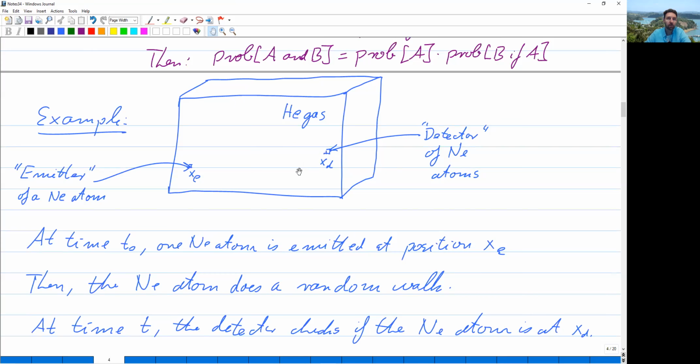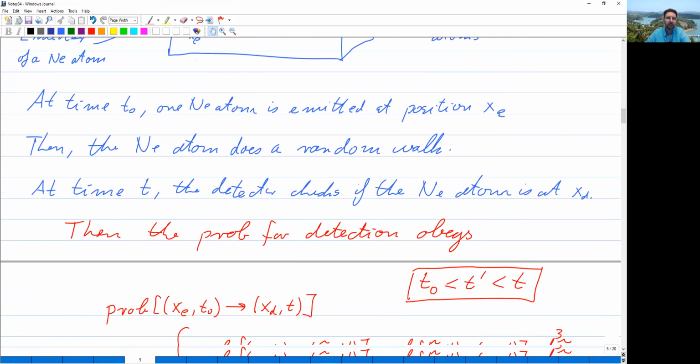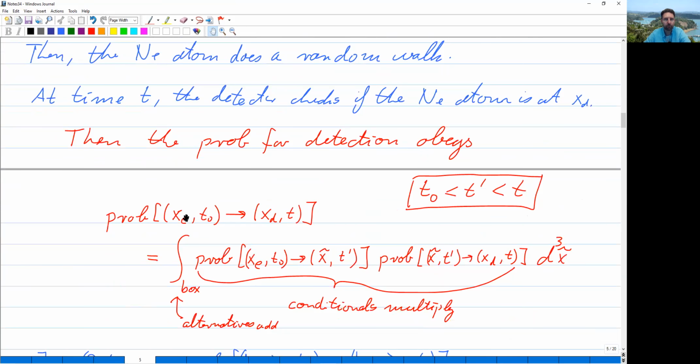But we do know that this probability has to obey a certain condition. If we look at an intermediate time, namely that the probability for traveling from the initial position and time to the final position at the final time is given by the sum over all possibilities where it might be at an intermediate time t prime that we fix somewhere between t0 and t.